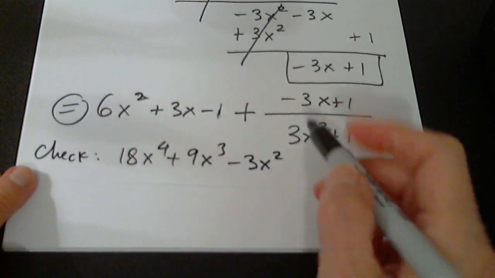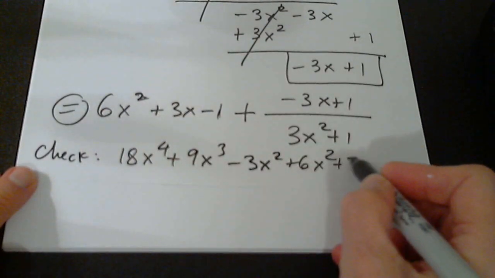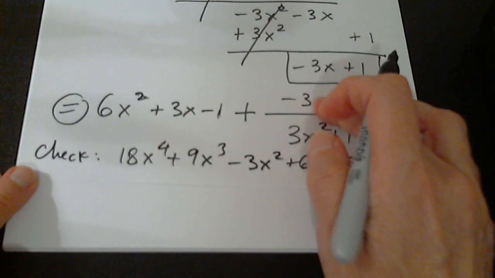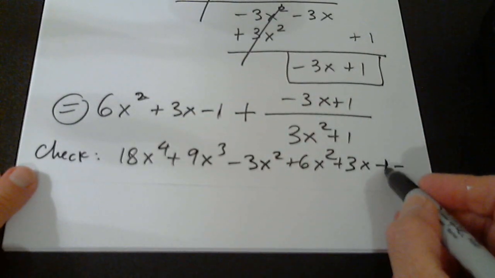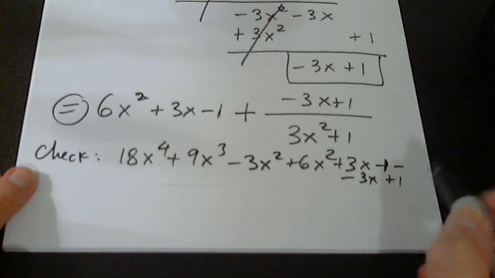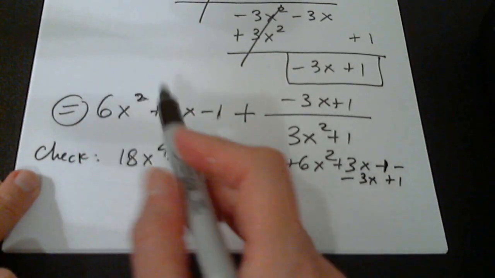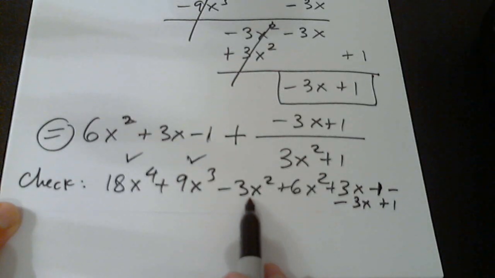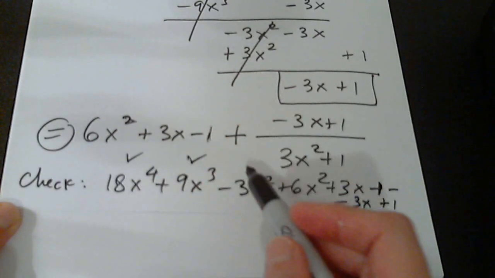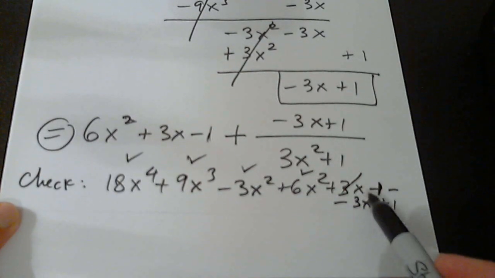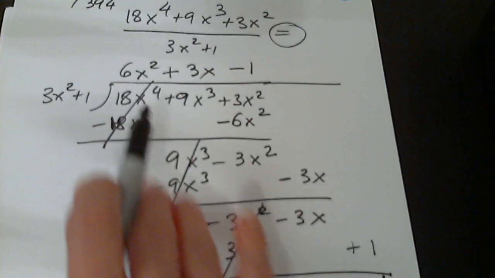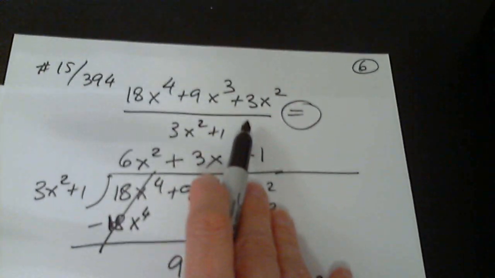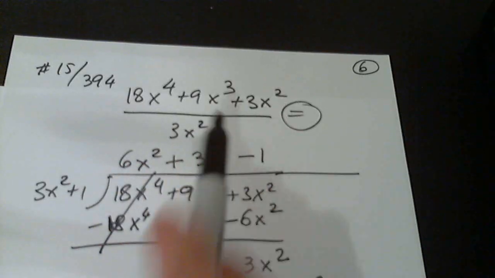Now 1 times this, 6x squared plus 3x minus 1, minus 3x plus 1. 18x squared, yes. 9x cubed, yes. 3x squared with 6x squared, yes. These two are gone, these two are gone. Good.